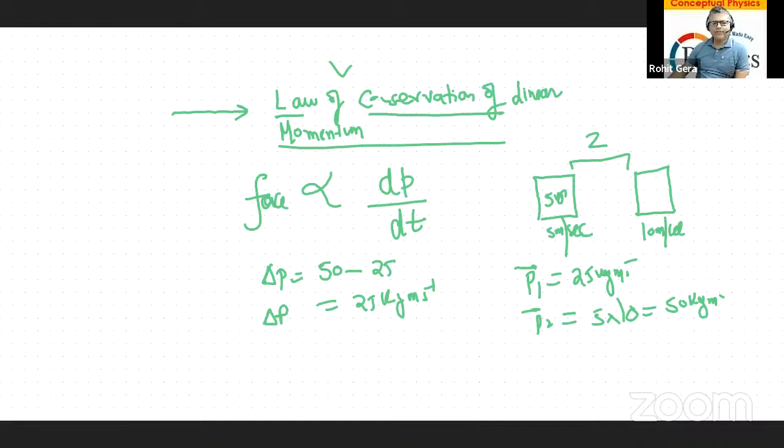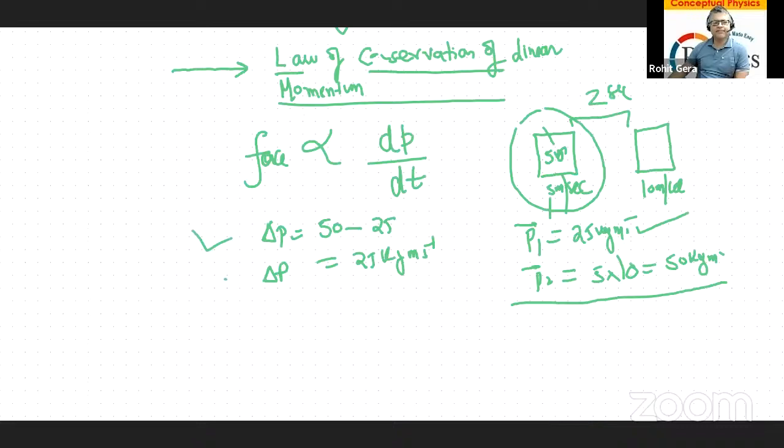So I have written the momentum of this mass, the initial momentum, to be 5 kilograms into 5, okay? 25 kilograms meter per second. Then after 2 seconds, the momentum comes out to be 50 kilogram meter per second, which means there is a change in momentum of this quantity. Right?